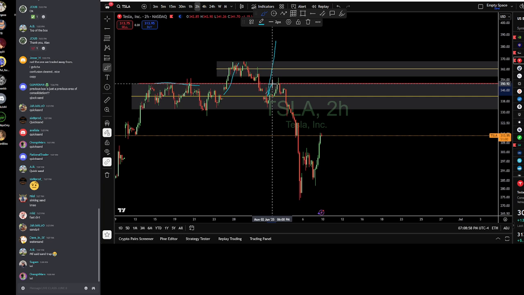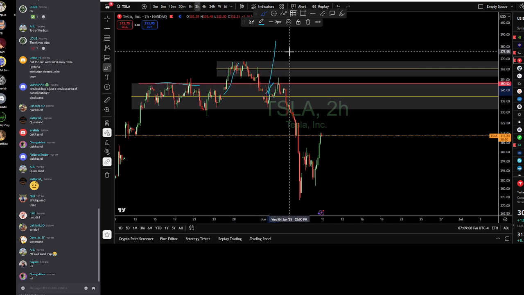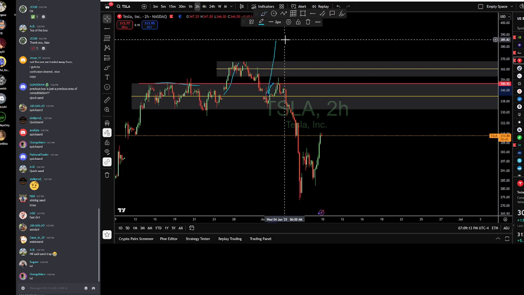Candle closes directly at 351. That previous box, right? At that point, it would be the top of that box that would send us higher. That's what I would be using. Does that make sense?